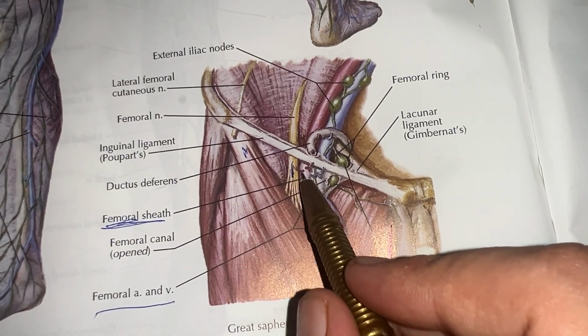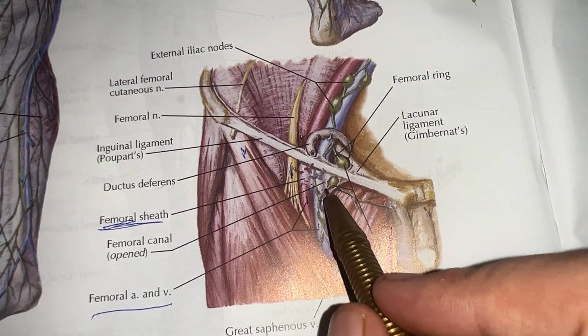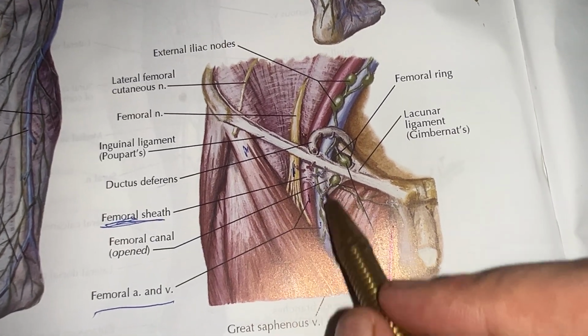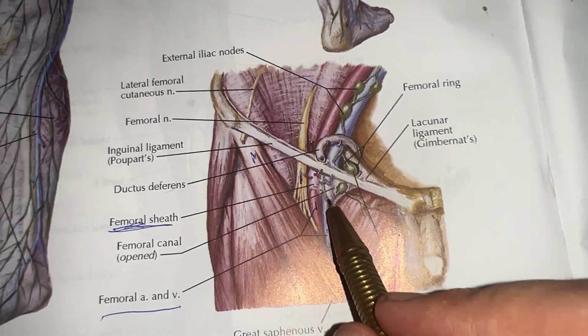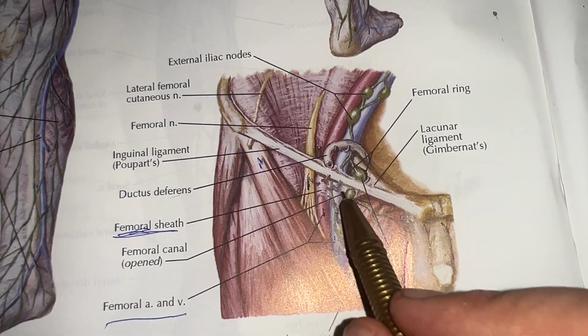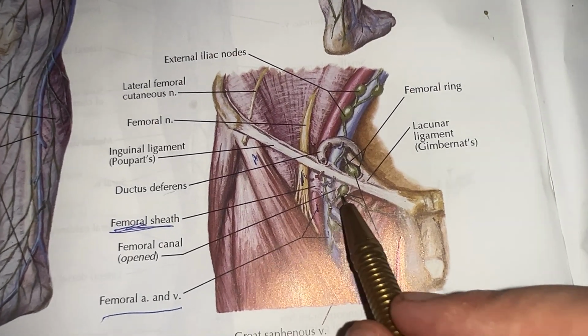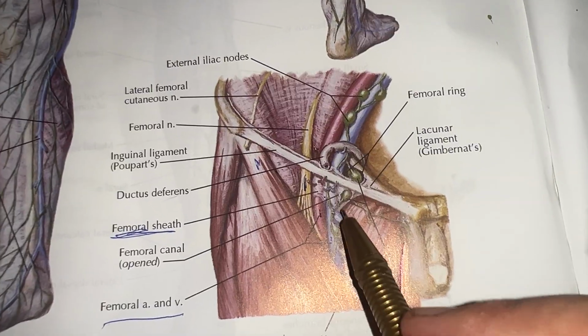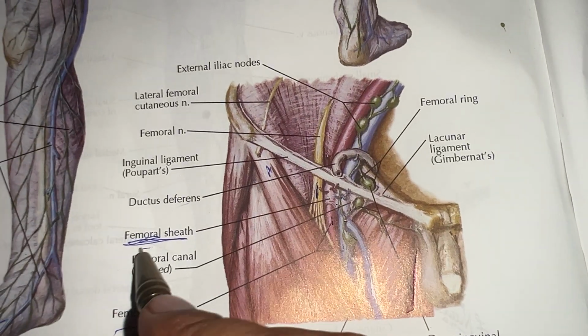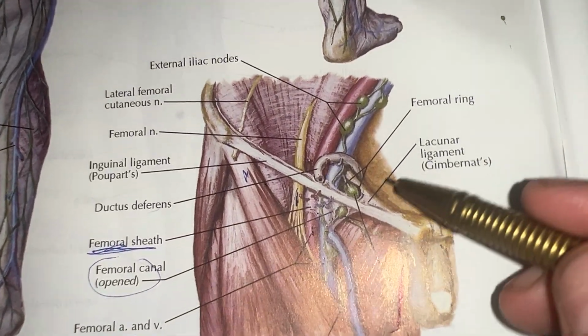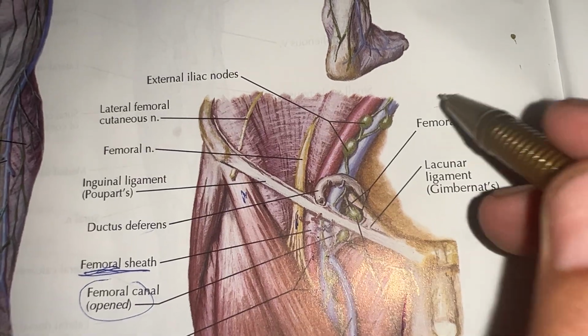The femoral sheath has two compartments. One is for the femoral artery, and the medial compartment is for the femoral vein. Medial to the femoral vein in the femoral sheath, there is a canal called the femoral canal. Its superior part is called the femoral ring.